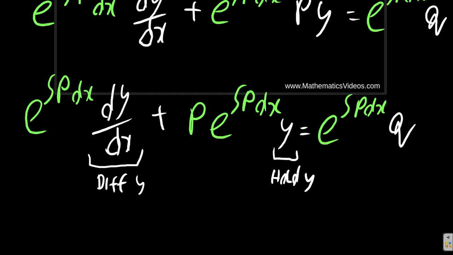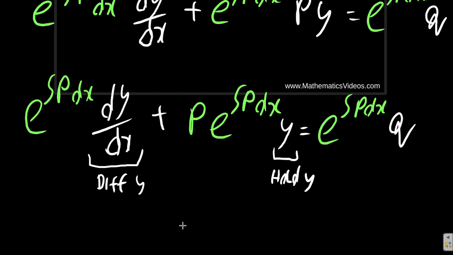Now here what you have is e to the integral of p dx. Suppose you differentiate e to the integral of p dx, what would you get? Well, this is what you get. You have the e to the integral of p dx, and you multiply it by p, right?